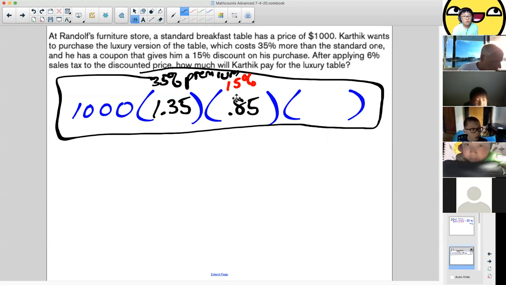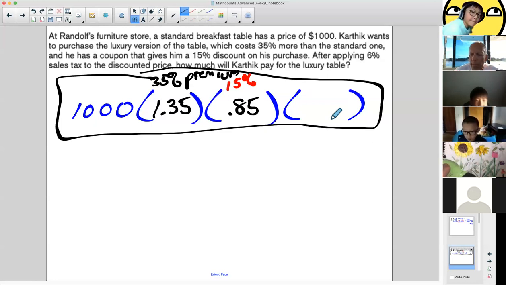There's a lot of static on your side. We'll try it again, Audrey. I'm looking for the last factor, which will represent the 6% sales tax. You guys can write it. Oh, you missed it, Ray. You missed one little thing. Audrey, do you have it for me?